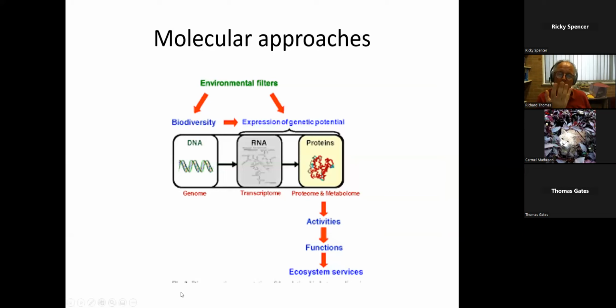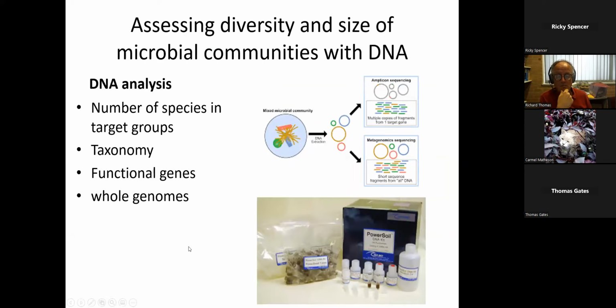As computing power has gone up in processing genomics, the possibilities for doing microbiological work and DNA and RNA work on soils have increased. That enables us to work out the diversity of what's present in the soil using DNA amplification.